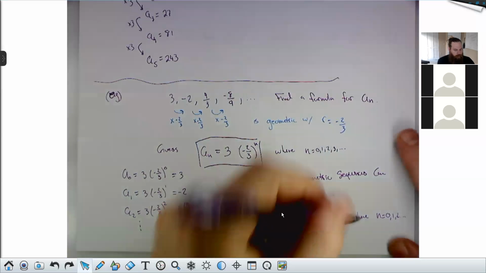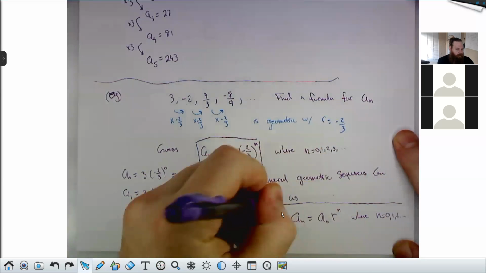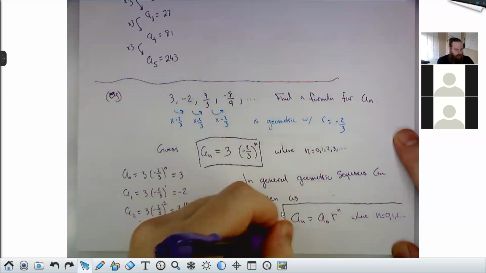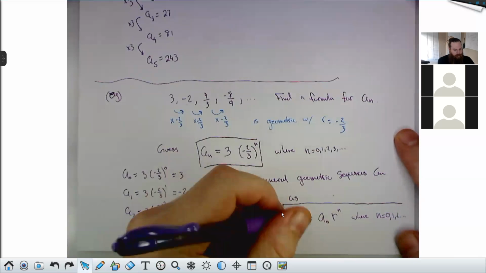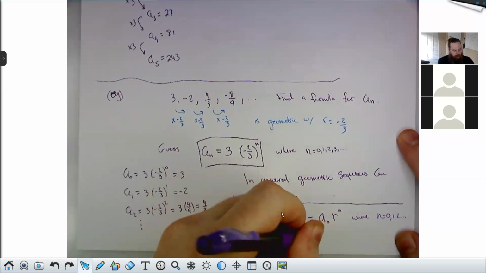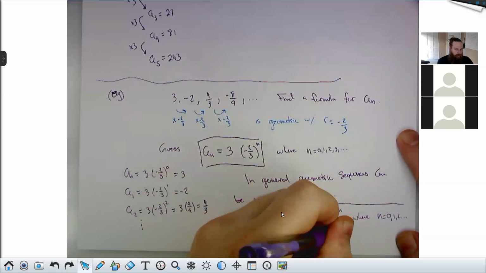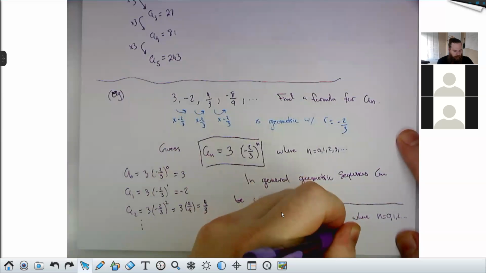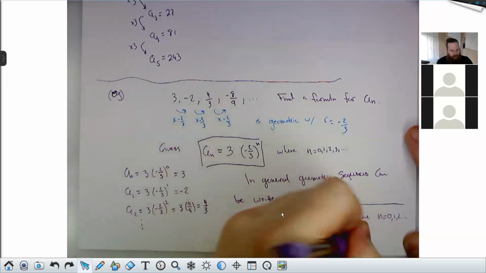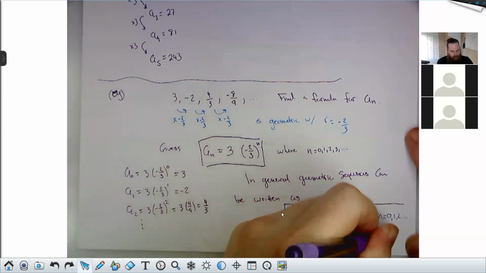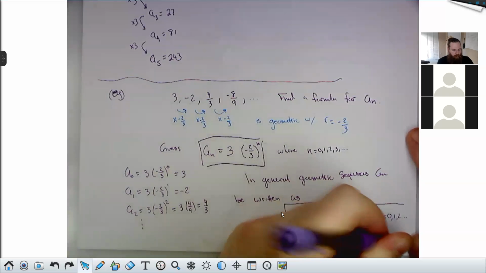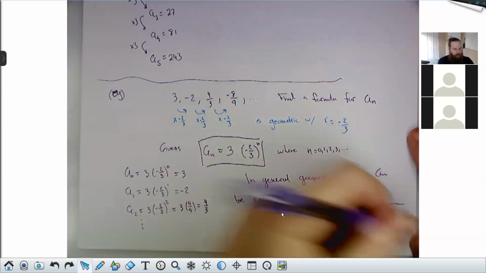And the more general result here is that any geometric sequence can be rewritten in this way. Or if you insist that n starts at 1, you can write this as that same constant a0 times r to the n minus 1. Just shifting everything back, where n is 1, 2, 3, and so on.